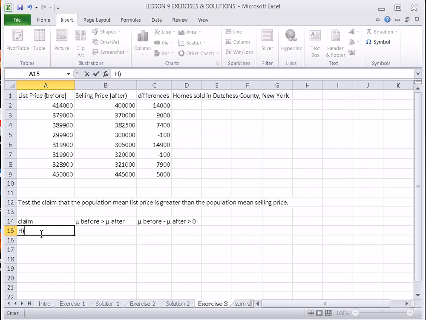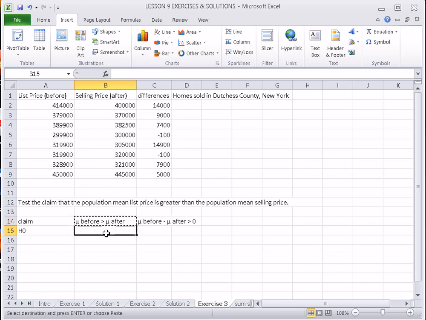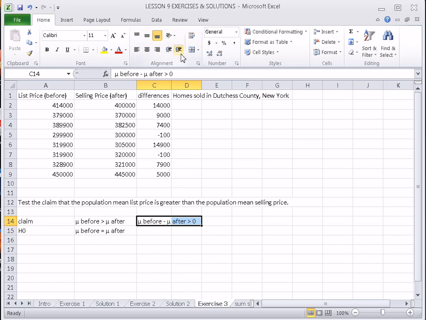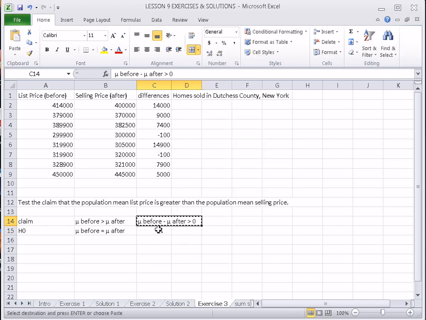The null hypothesis then is going to be that the before and the after are equal. So let's put that in here, but now I'm going to change this to an equal. If I do that, then an equivalent way of stating it would be that the difference between the two prices is equal to 0.